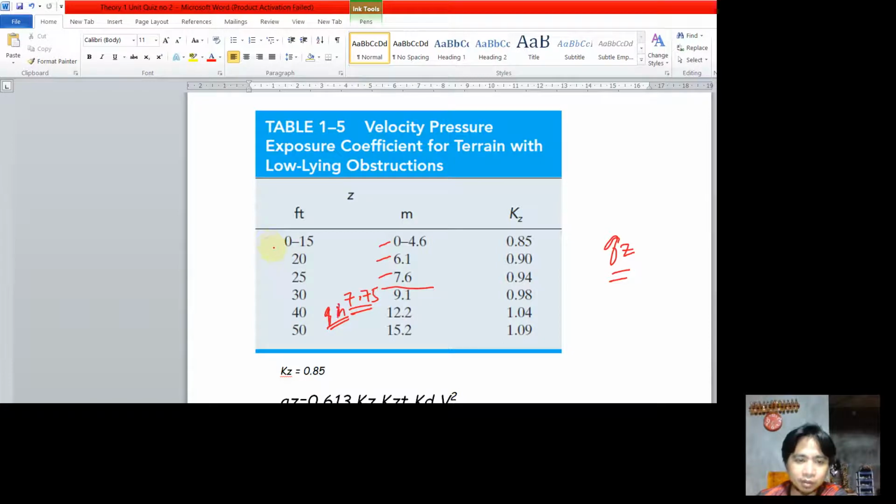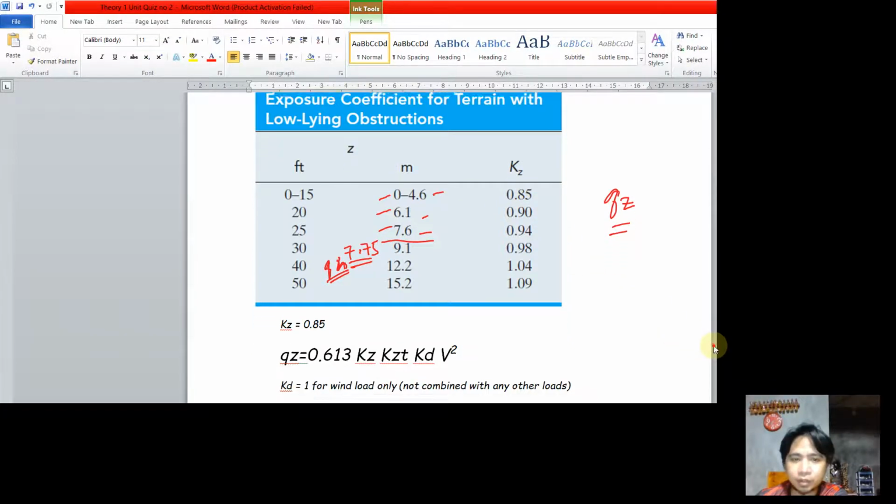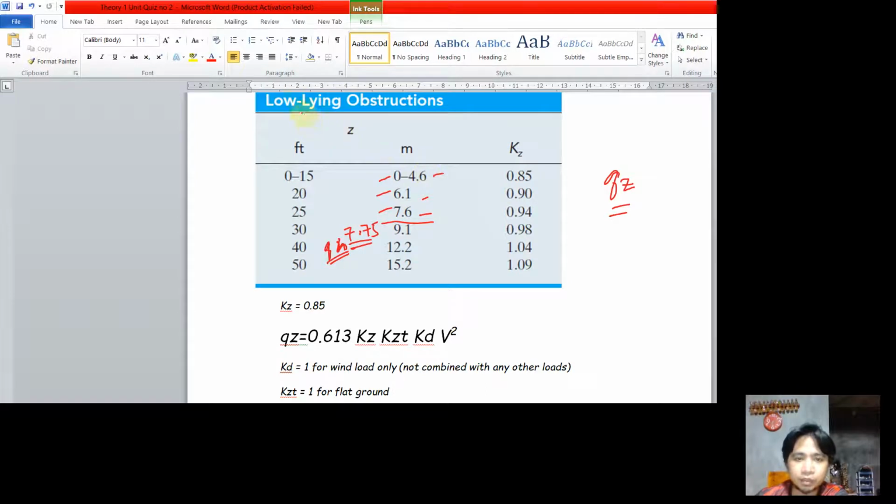So anything within this range that is below this value, we'll consider as our Z. So number one, we should have Z and value of Kz as well as Qz for these heights: 4.6, 6.1, 7.6, and 7.75.